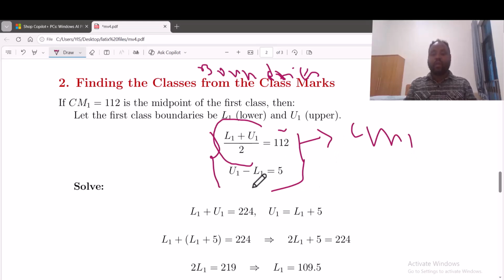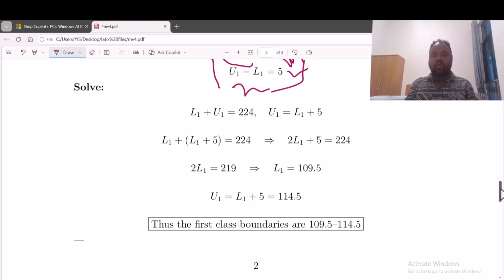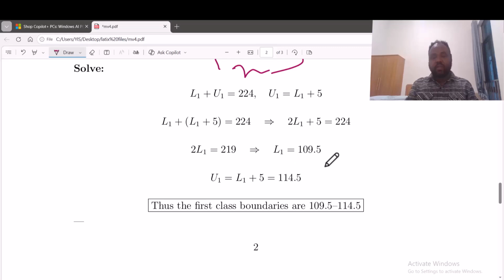The class width is also the difference of the class boundaries, so the upper boundary of class 1 minus the lower boundary of that class is the class width, which is 5. From these two equations we can obtain the unknowns simultaneously.